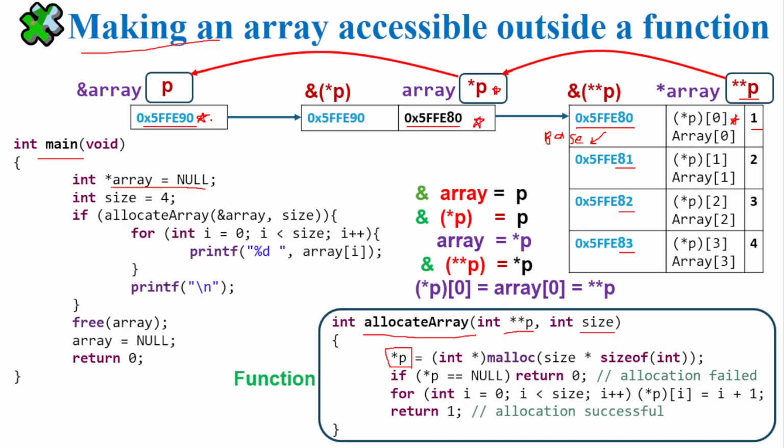As a result, *p, which contains the base address of the allocated array, 5FFE18, is now stored in array. From this point, indexing array in main allows direct access to all elements of the allocated array in the allocate array function. Finally, the lines free(array) and array = NULL are important for memory safety.